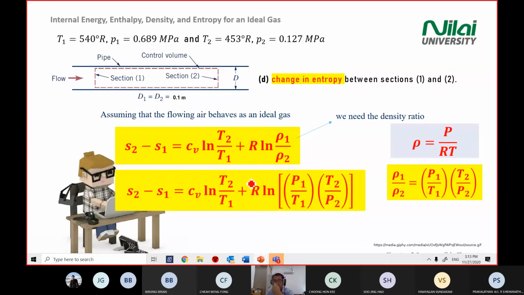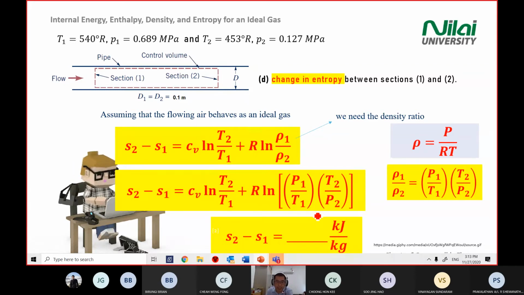The next one just shows you the change from the formula with rho 1, rho 2 into the P and T terms. You substitute all the values and you will get the answer. You get the answer in kilojoule per kilogram. Sometimes you only get joule per kilogram. It depends on the value that you calculate.